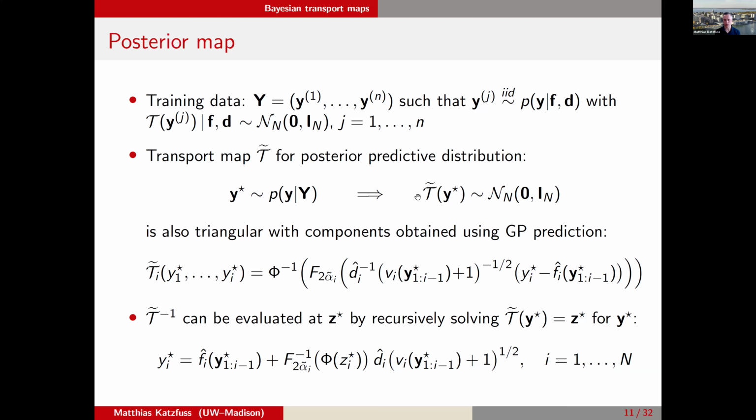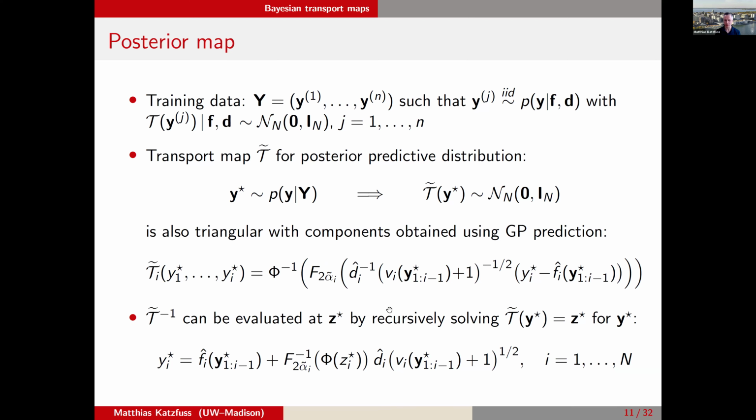So that's a useful thing to have. It characterizes this posterior predictive distribution. And it turns out it's also something that we can compute easily and has nice properties. In particular, it's also a triangular map, and the components, the T tilde i's, can be obtained just using Gaussian process prediction. This is an ugly looking expression, but you don't need to understand all the details of it.